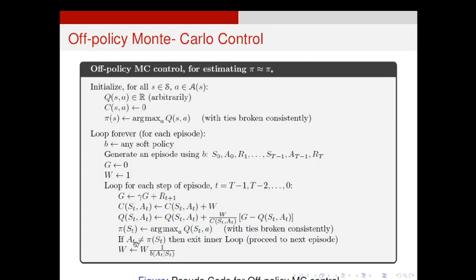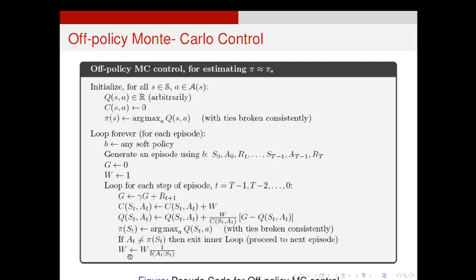I choose an action which gives the maximum value under the behavioral policy, and I already chose the action A which gives the maximum value under the original policy as pi of S. AT not equal to pi of ST means these two policies are not matched at the state ST. So we can discard that episode.